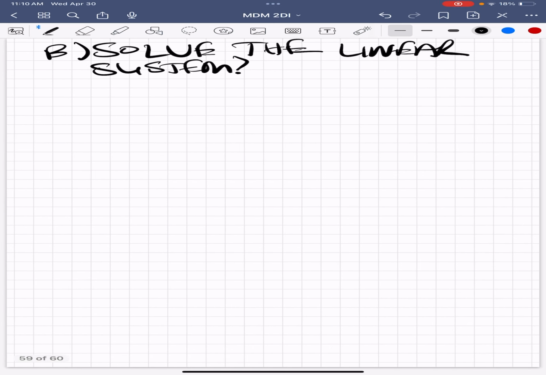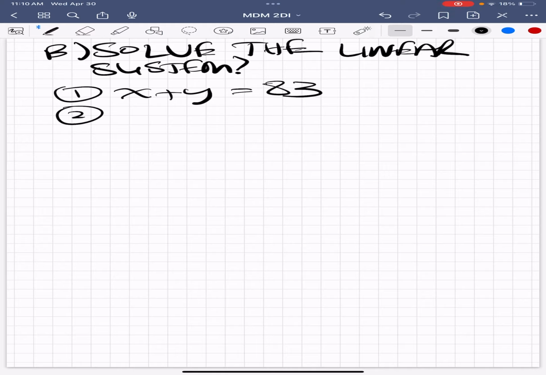Solve the linear system. So we have 1, x plus y equals 83, and then we have 2, x minus y equals 21.